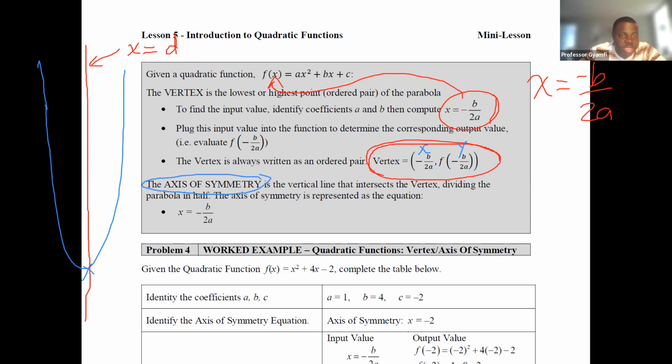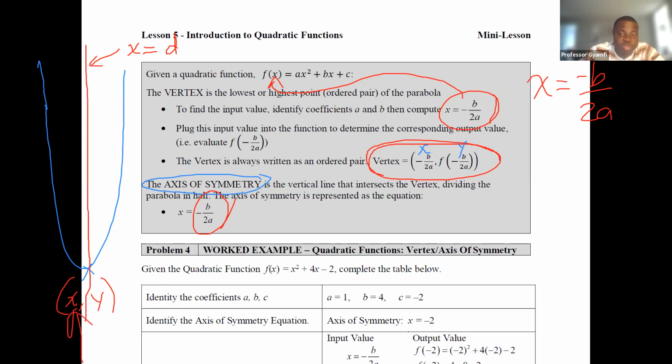Now the d here, in x equals d, is always going to be the x value of the vertex. So if you are told to find the equation of the axis of symmetry, you are always going to use the x value, because it passes through the vertex (x, y).